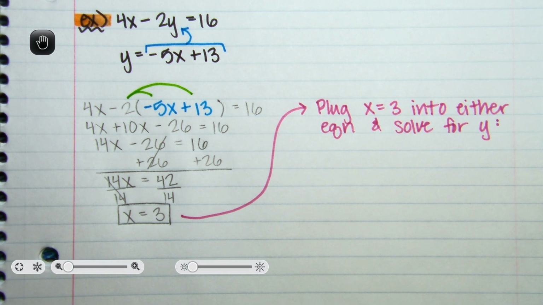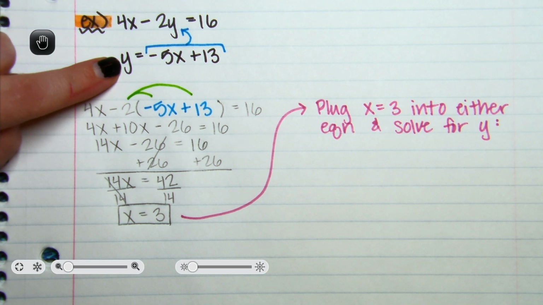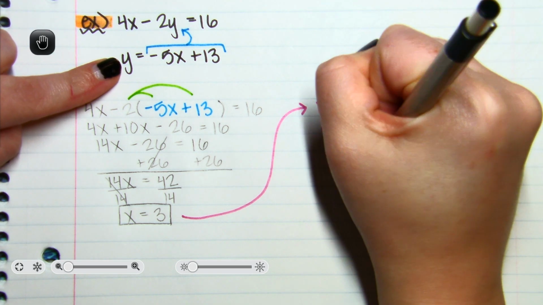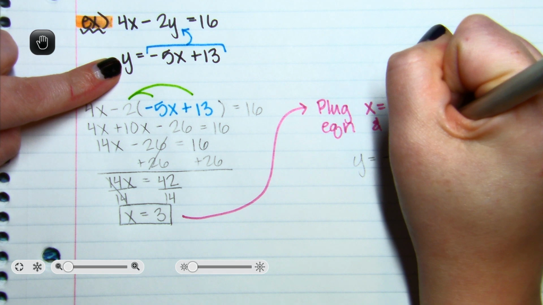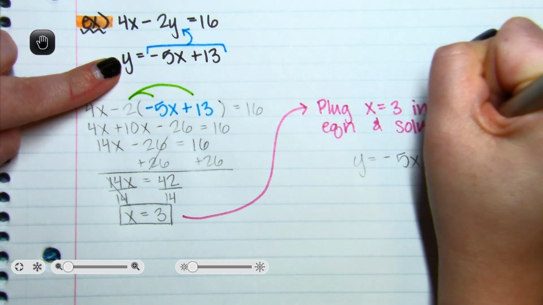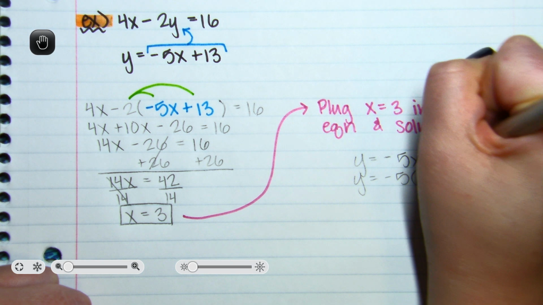So again, you can choose to plug it into either equation. Now this time, since the second equation already says y equals, and I'm trying to solve for y, I'm going to plug it into the second equation. The y equals -5x plus 13. So I'm going to plug in 3 for x.